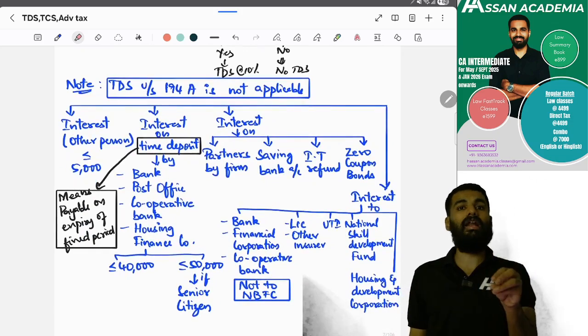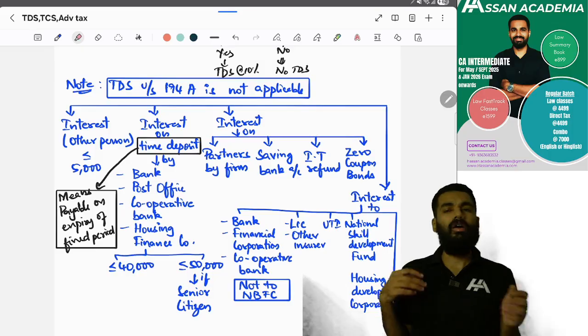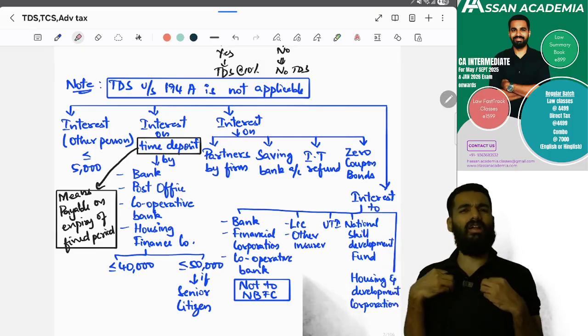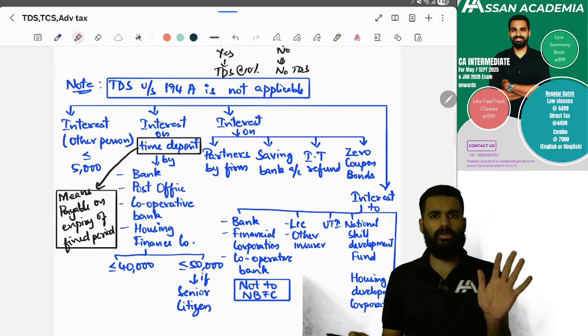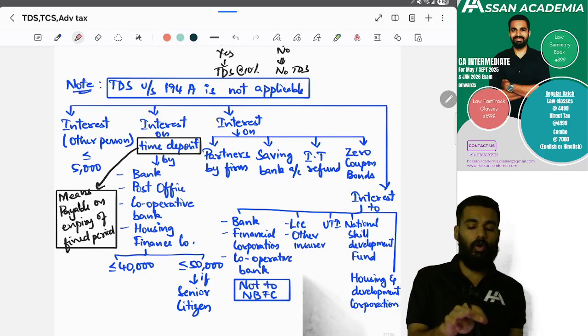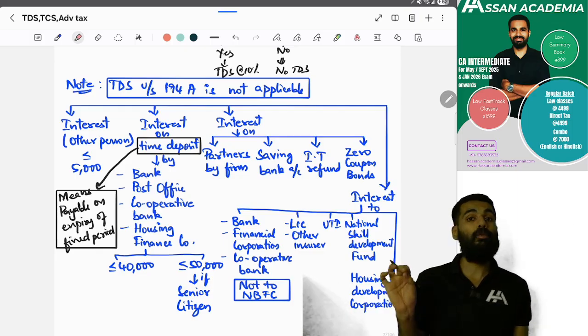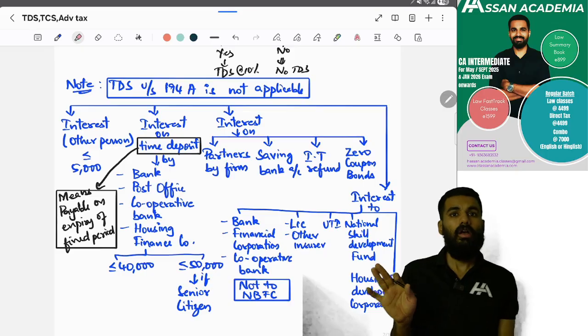But still there are a few interests where it will not be deducted. What all? One, any other person giving interest up to 5,000 rupees, no deduction. If a time deposit is given and interest is received from a bank, cooperative bank, housing finance bank, or post office, up to 40,000 rupees, no TDS.